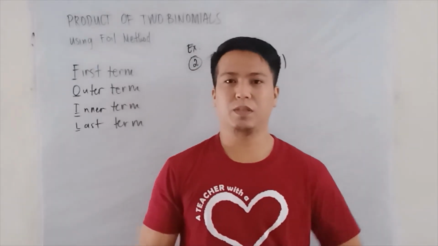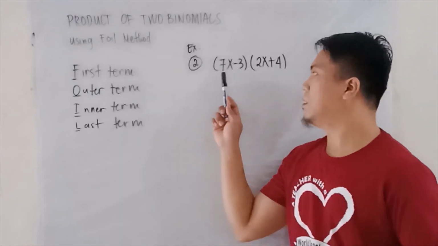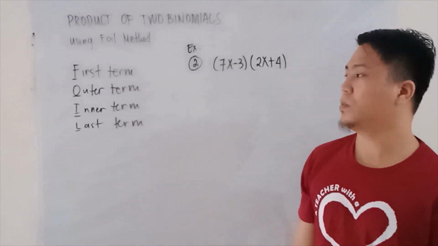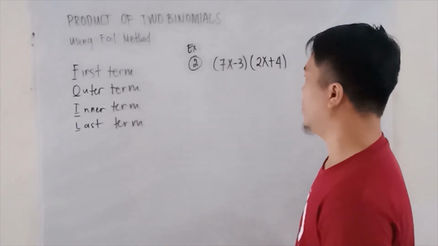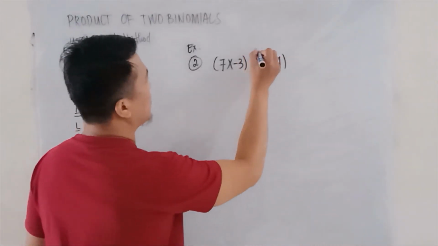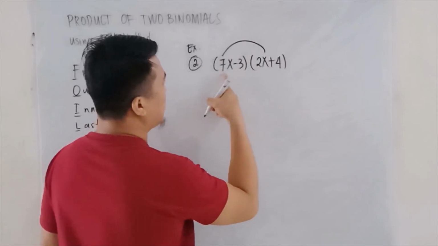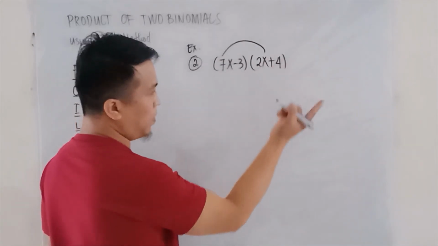And now let's proceed to our second example. So we have here 7x minus 3 times 2x plus 4. So we're going to apply the FOIL method here. Let's take it one at a time. First term. The product of 7x and 2x, or 7x times 2x, is what?